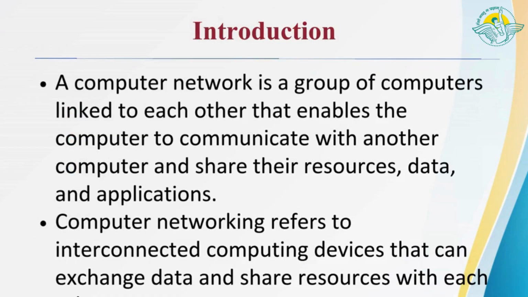As we have already discussed what a computer network is, let's revise it once again. What is a computer network? A computer network is a group of computers linked to each other that enables the computers to communicate with one another. Why do we connect the computers with each other? We connect the computers only for sharing.